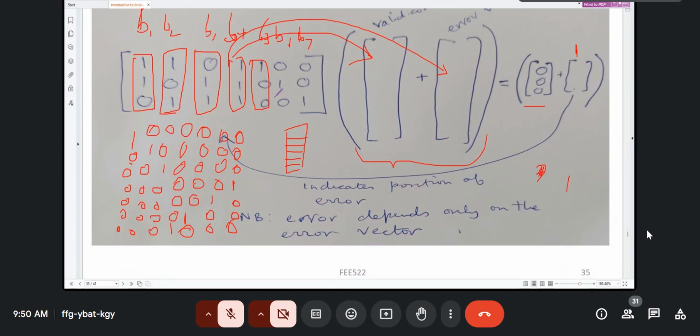It's the measure of how different two strings are. Not the length, because the code words would have the same length. If you generate codes from the same generator matrix, they will have the same length.